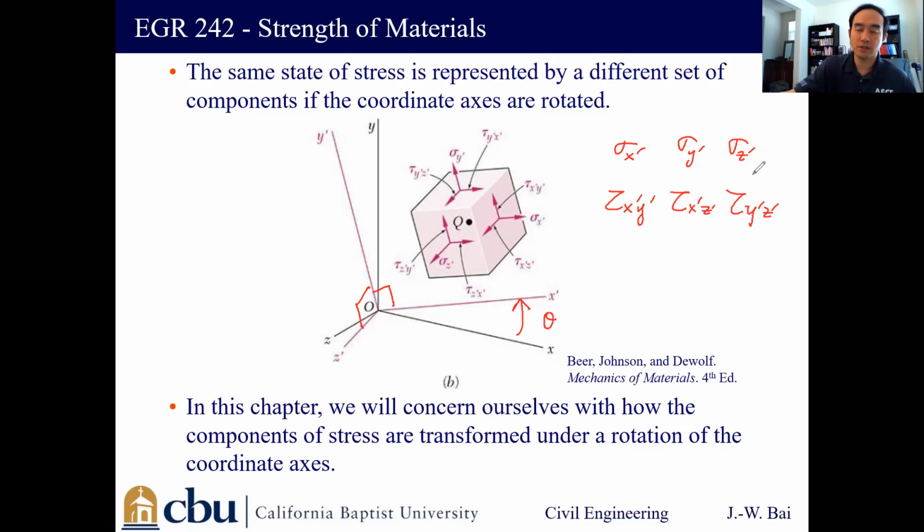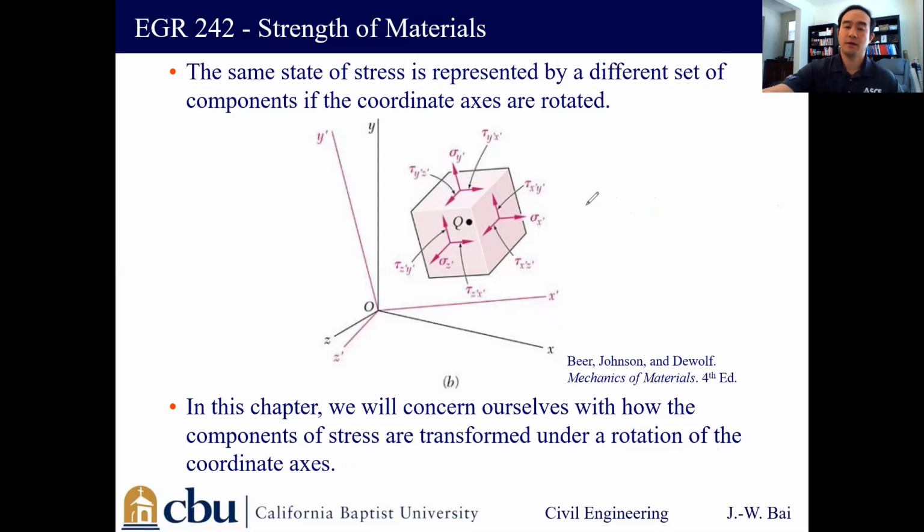So these 6 are going to be all 6 components for this new stress block based on the x prime, y prime, z prime axes. We're going to talk about how we can define and calculate these stresses based on the angle change, okay? So in this chapter, we'll concern ourselves with how the components of stress are transformed under a rotation of a coordinate system, okay? All right, so that's one of the main topics in this class.